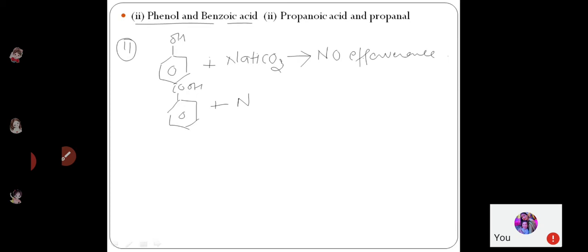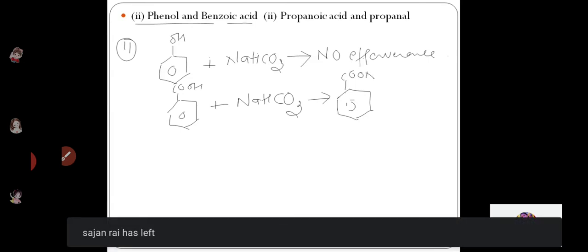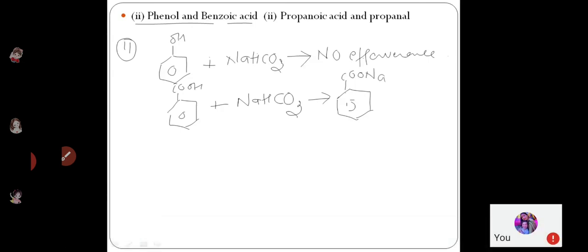So here it may give a slight result. But carboxylic acid gives much more. In the compound, the H of COOH will be replaced by Na, and you will get carbon dioxide effervescence. Write it like this, mark it, highlight it. Decorate your answer every time.